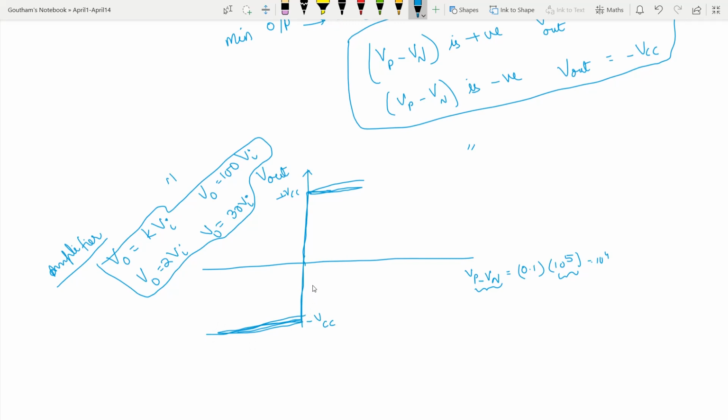If you want to be able to control the output, we need to understand a very important topic called negative feedback. Only when we understand negative feedback can we understand how such behaviors can be designed from an actual IC741 op amp. That will be the discussion for our next lecture. Thank you.